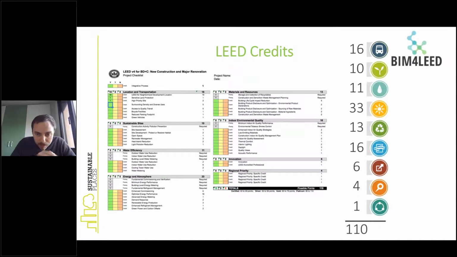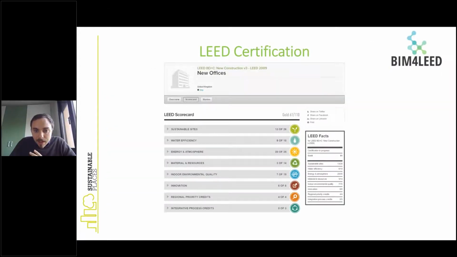The sum of the points of all the credits is 110.